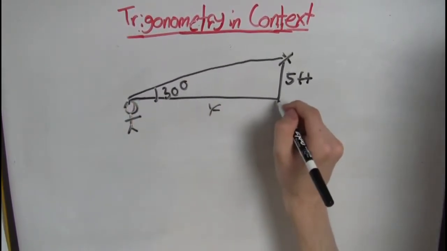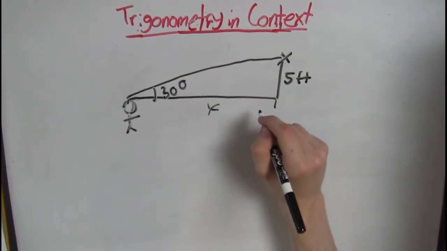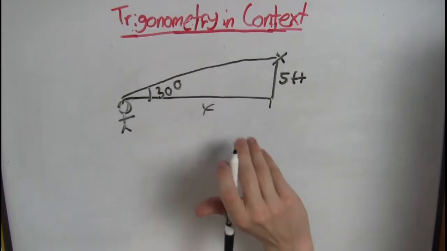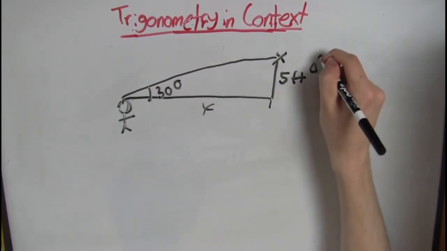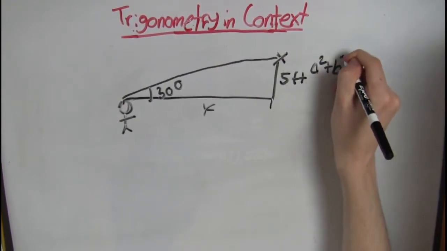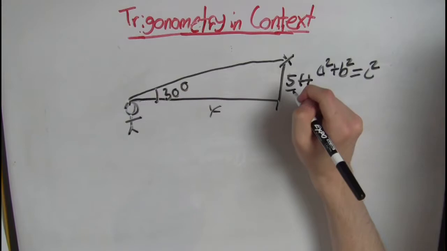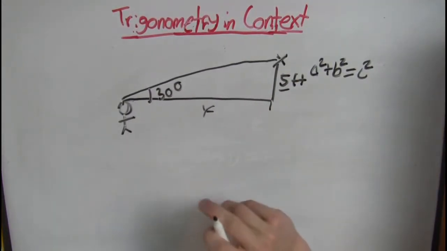What's the distance from here to the target? So essentially, I'm asked to find x. So what do I do? I can't use the Pythagorean theorem, which is a squared plus b squared equals c squared, because we only have one side length. We need two side lengths to find x in this case, and we don't have two side lengths.